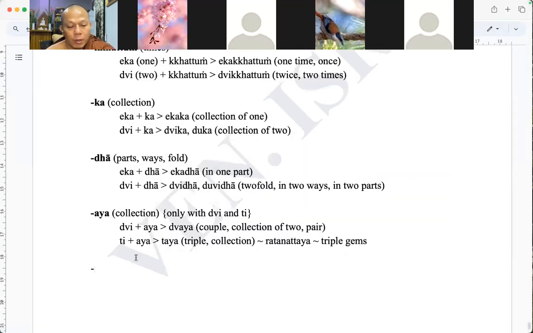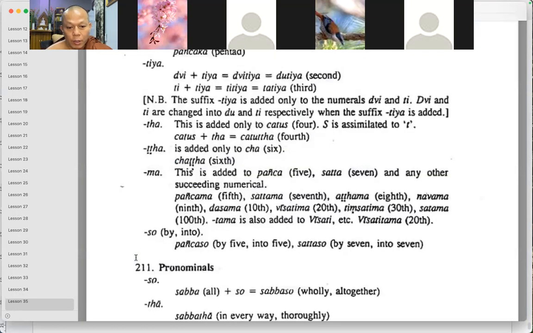That one is maybe some scholar's idea. So means by or into. That one is also quite rare, only pañca or satta. Instead of the so, actually with the dha is very common.